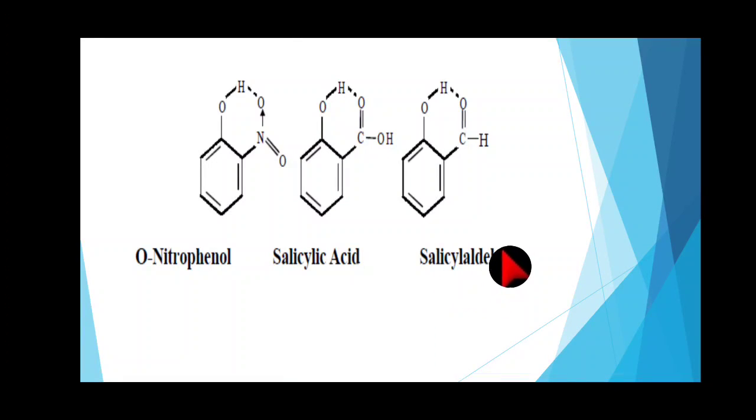Likewise, salicylaldehyde, the ortho position has a CHO group. Here OH, the same dotted line between oxygen and hydrogen. So in the same molecule we can find the hydrogen bond. This kind of bond is called intramolecular hydrogen bond.